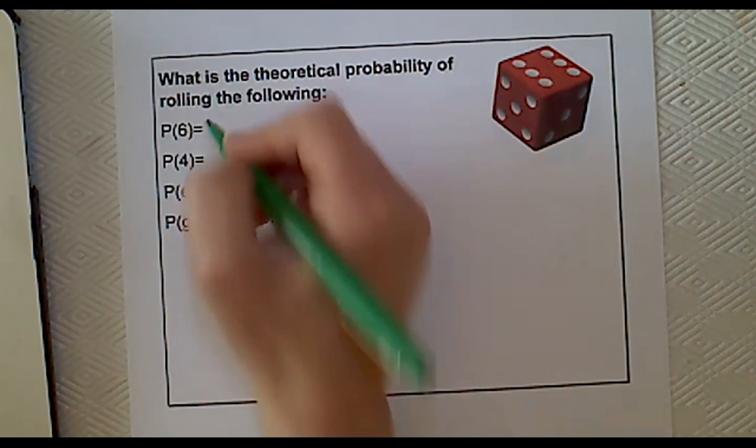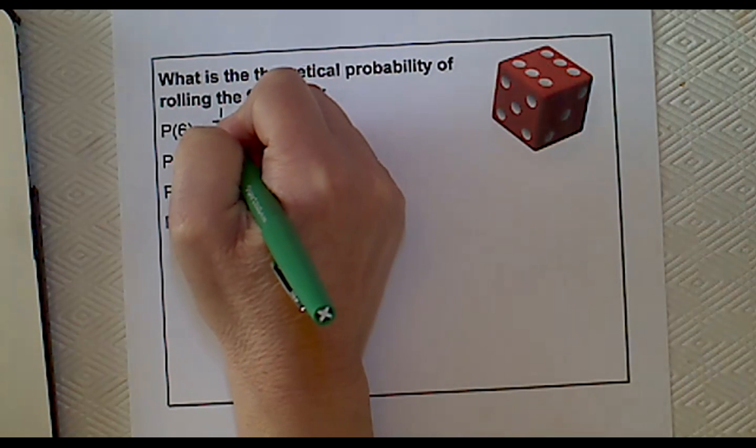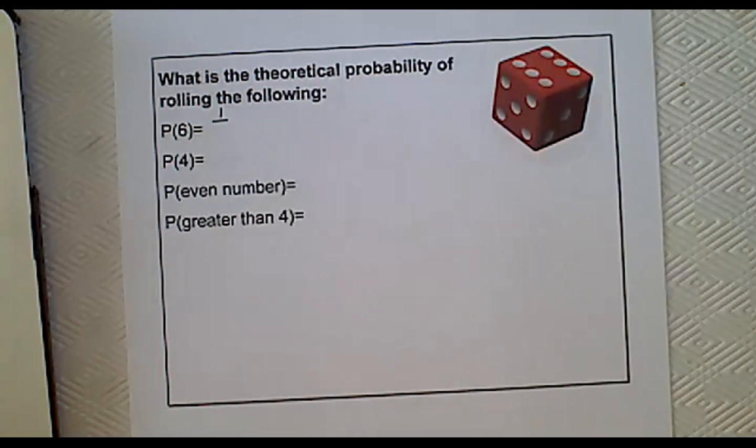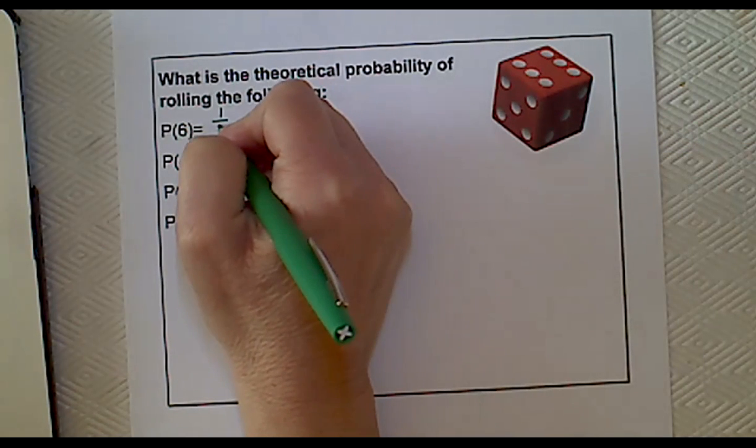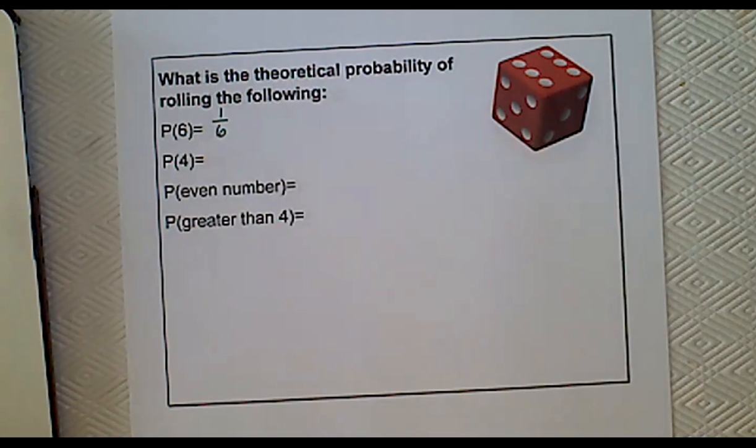There's only one. So that is your numerator. The 1 is your number of favorable outcomes. And how many possible outcomes do we have? Well, a cube has 6 sides, so there's 6 possible outcomes. So the theoretical probability of rolling a 6 is 1 out of 6.